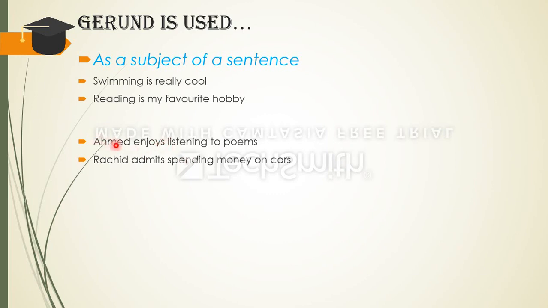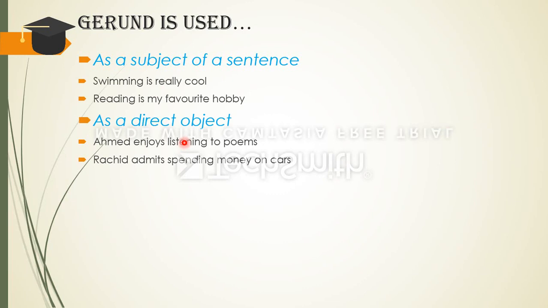Let's speak a little bit about the parts of these two sentences. Ahmed is the subject, enjoys is the verb, and enjoys what? Listening. So here the gerund comes as an object of a sentence.